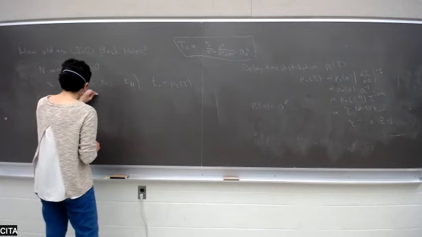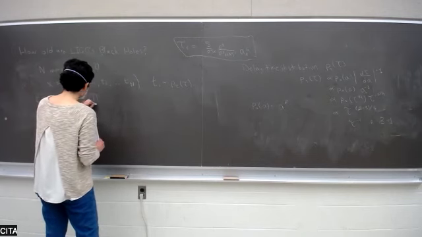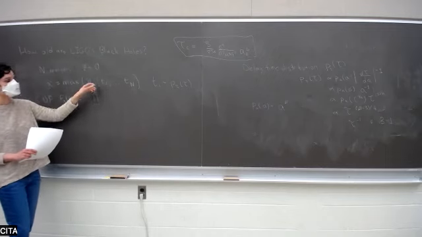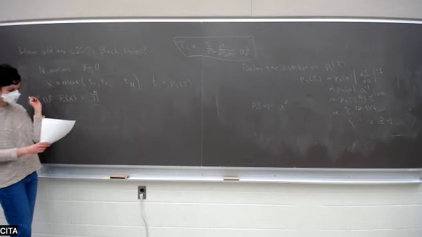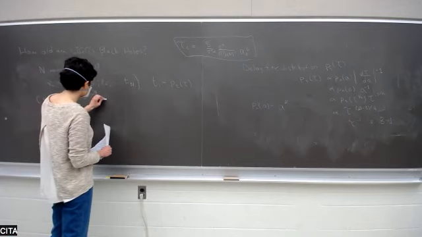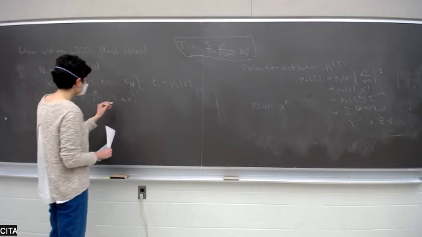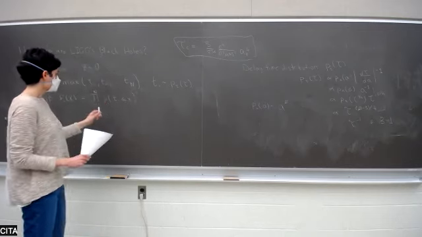This is just the probability that each one of these t's is smaller than x, because x is the maximum. So that's the probability that all of these t's are smaller than x.